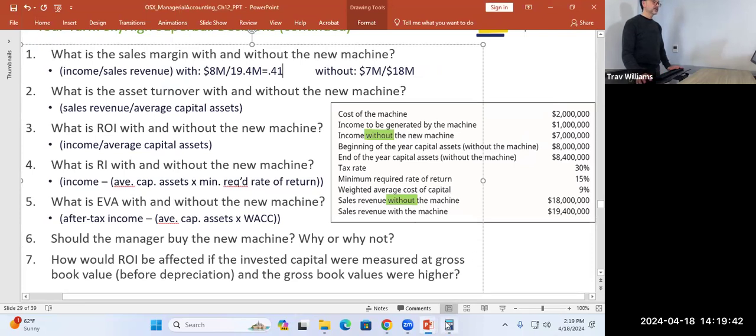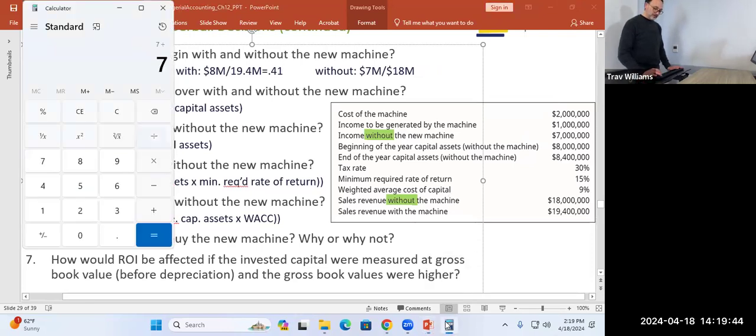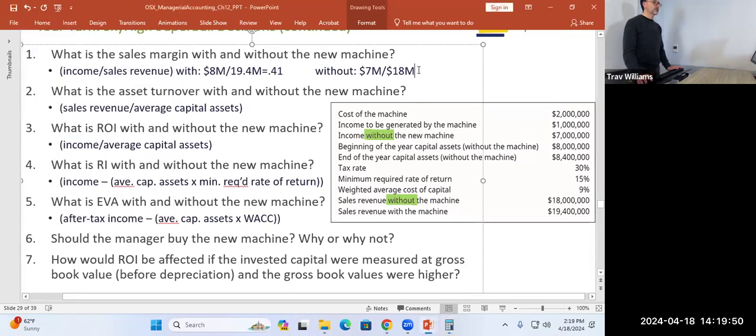And without the machine, 7 million divided by 18 million, just say 39%. So now we can see the sales margin is higher with the machine, a little bit lower without the machine. Make sense?